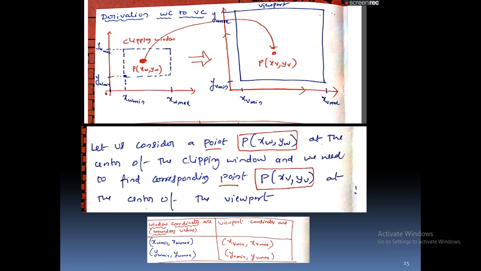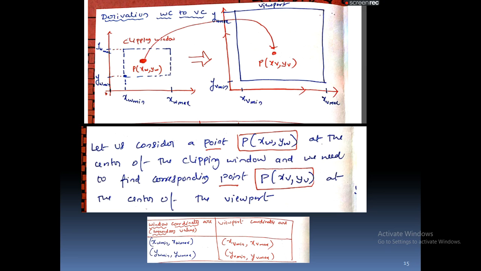So two sizes we defined. By seeing the diagram, I can say that the size of the clipping window is smaller than the size of the viewport. This is the difference you need to understand first. Now I defined the size of the clipping window and the size of the viewport.